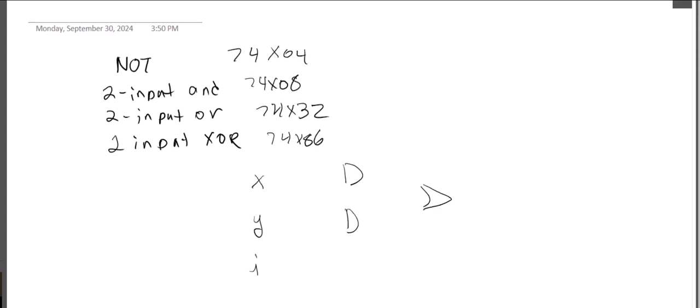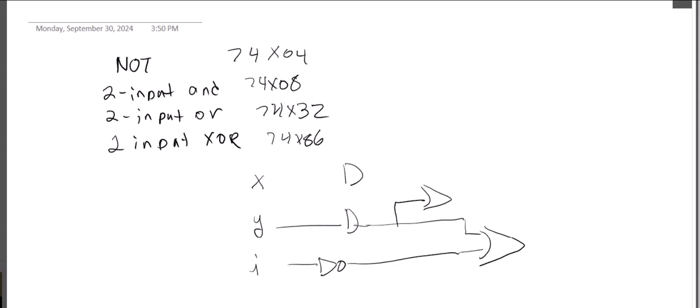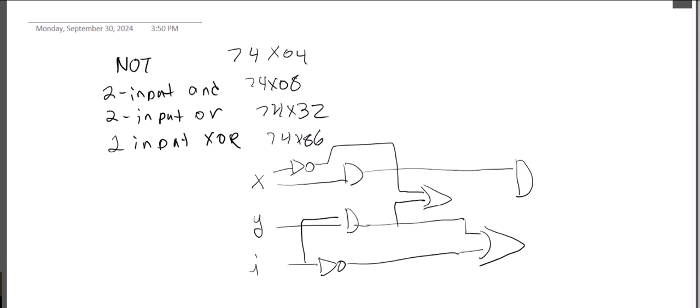I'm just going to put some random things in here. This is absolutely not your function.